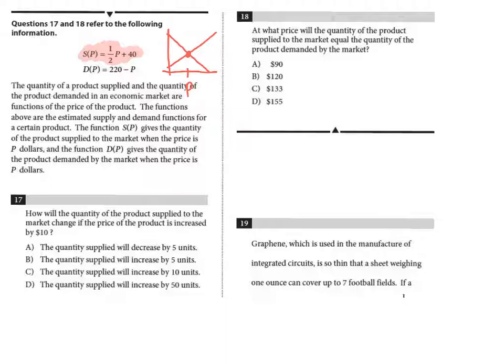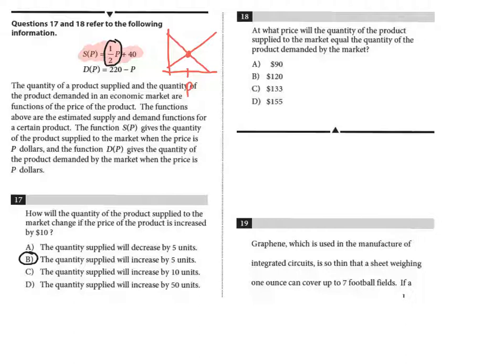And if the price is increased by $10, well, P times a half, 10 times a half is 5. Then the quantity of product supplied will increase by 5. So the quantity supplied will increase by 5 units. B. Okay, all right.